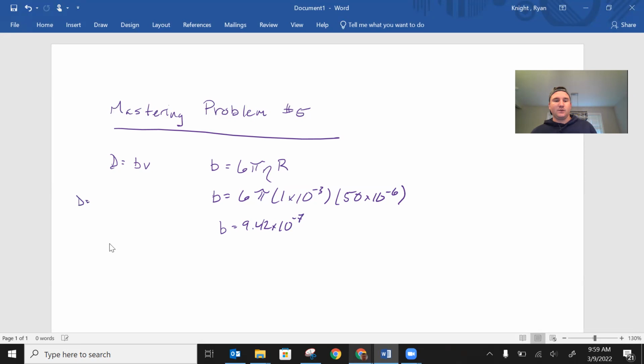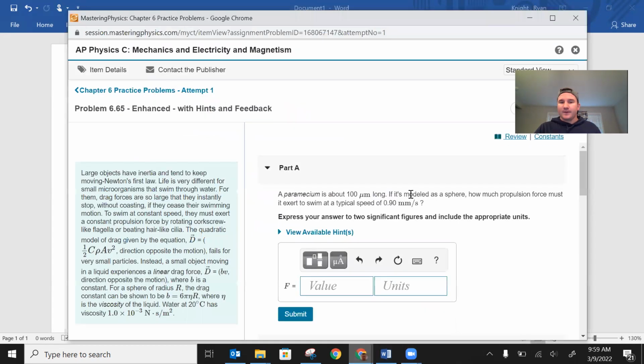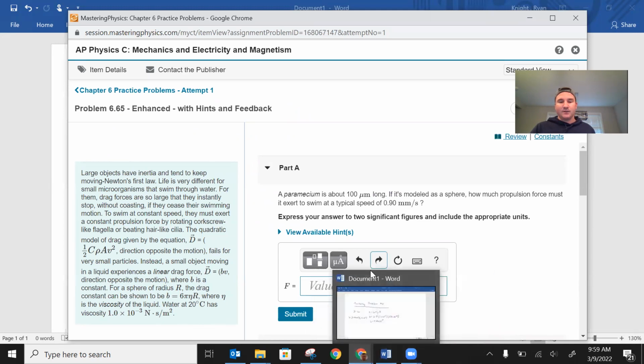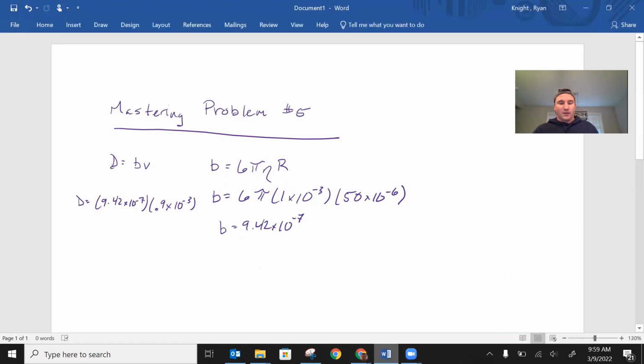So the drag force is equal to 9.42 times 10 to the negative seventh times 0.9 times 10 to the negative third meters per second, right? It was in millimeters, 0.9 millimeters per second, so yes, times 10 to the negative third. There's our velocity. We multiply those two and we get our answer.